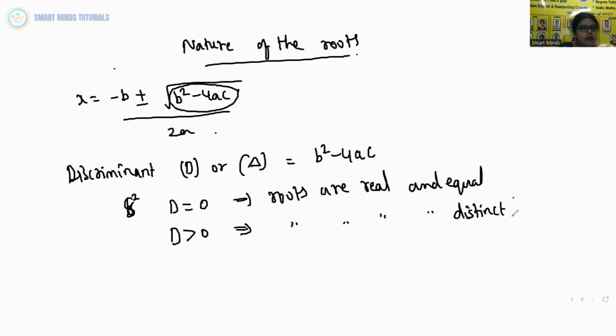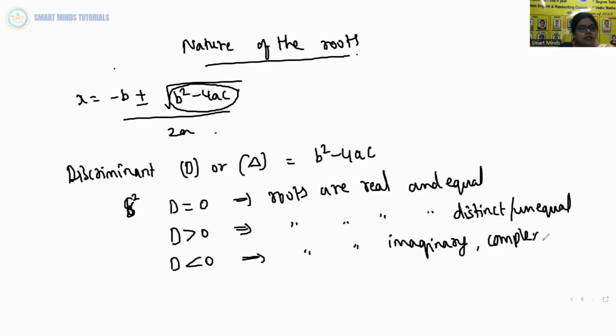Distinct or unequal, anything you can say. And if discriminant is negative, that is if it is less than 0, then roots are imaginary. Imaginary means they are complex roots. They occur in conjugate pairs. What do you mean by conjugate pairs? If one is a plus ib, the other will be a minus ib.